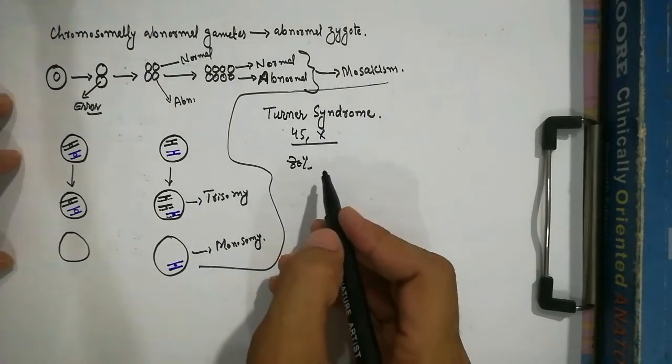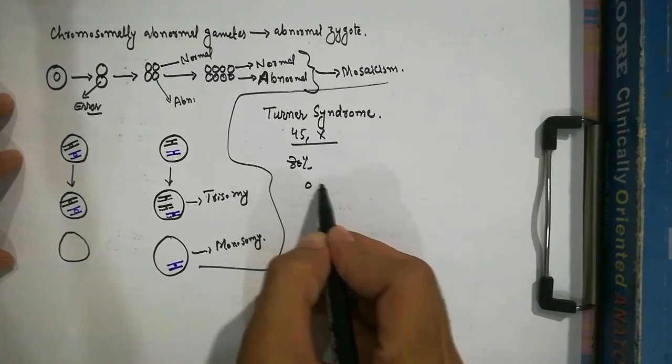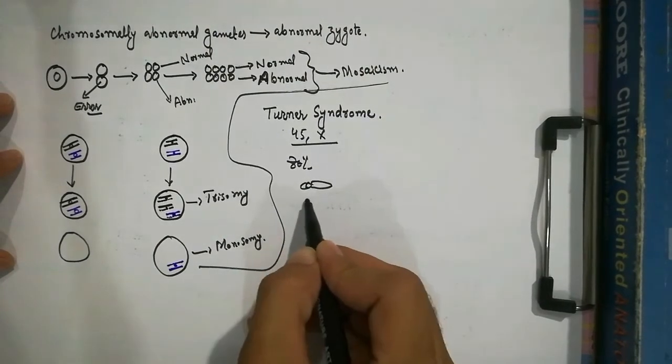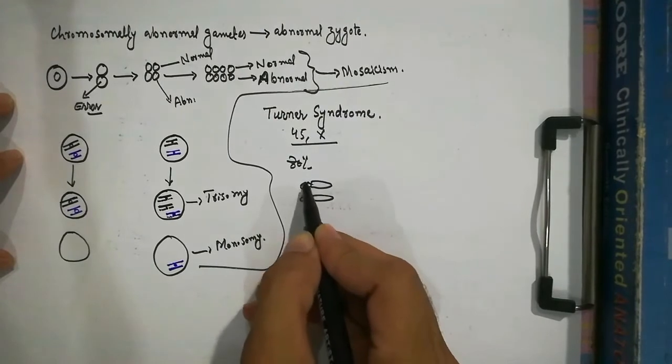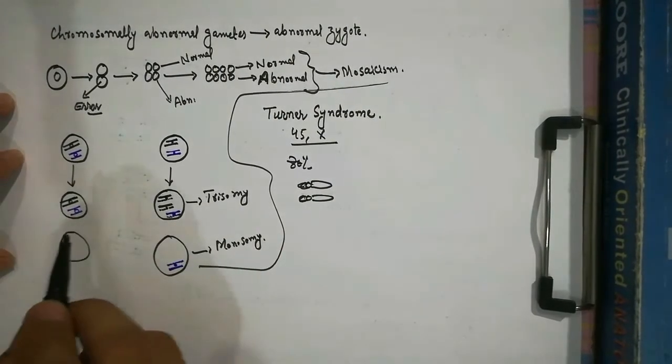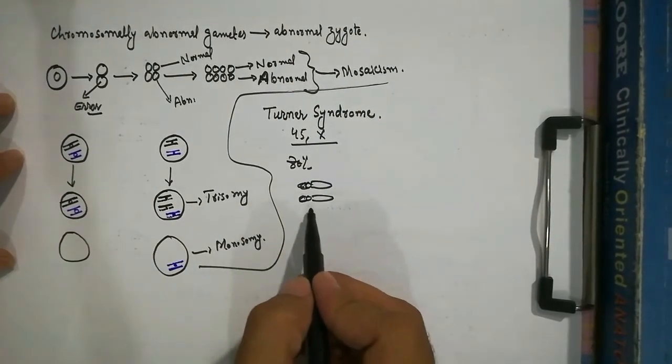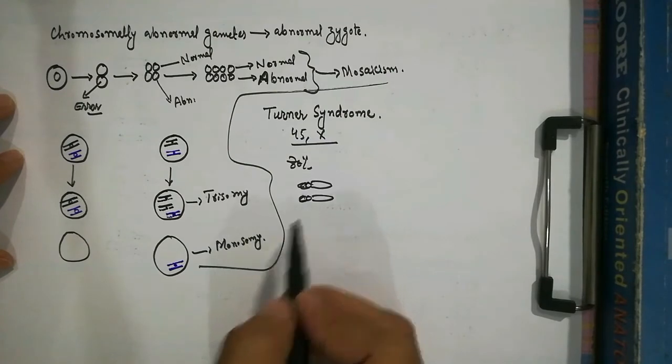Suppose this is a pair of chromosomes. If an extra chromosome, a third chromosome, is present at this pair, this is trisomy.